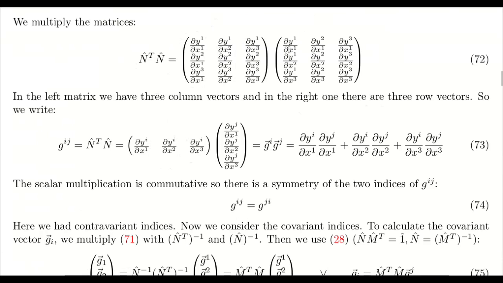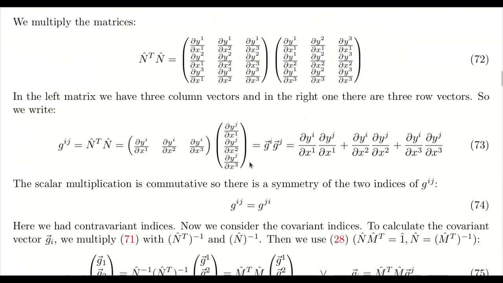In the right matrix, we can say we have three row vectors. If we look at the first row, there is x1 in the denominator, and we count again the components for y from 1 to 3. So we can write here three vectors like this.